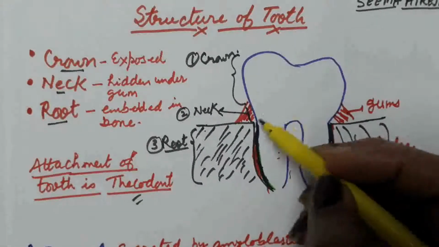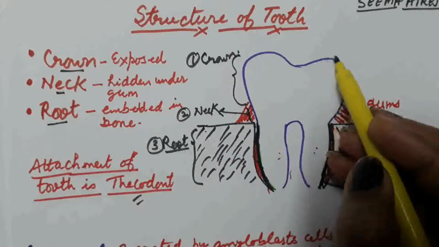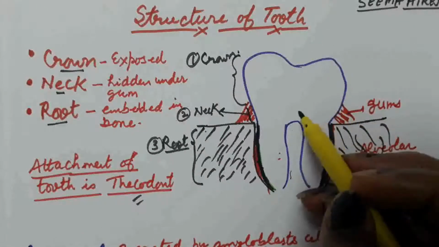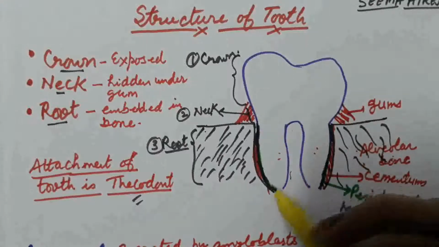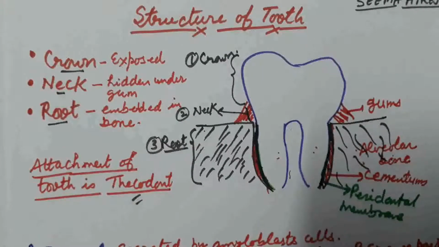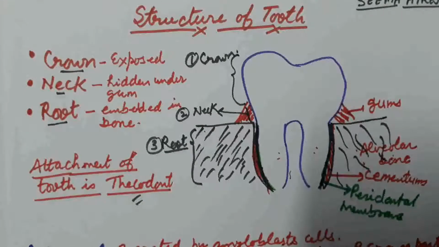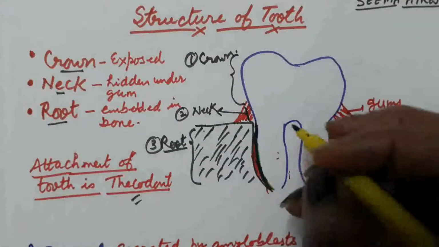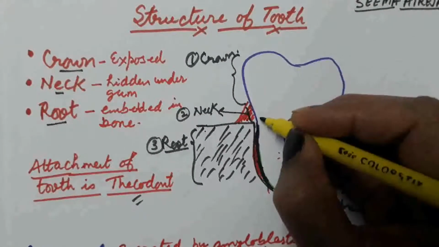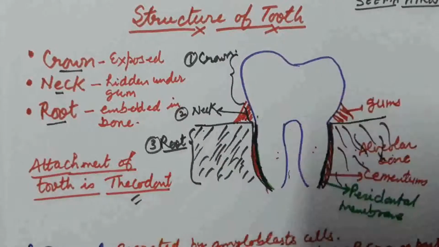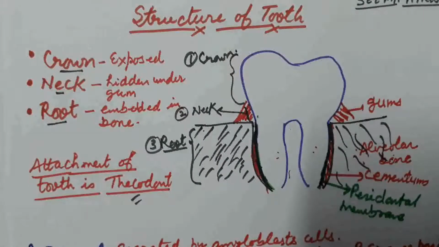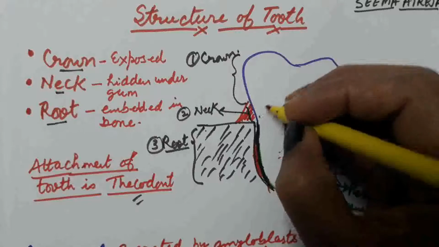Now we talk about the crown region, neck region and root region. A total of three layers are present in the structure of the tooth. The first layer is the enamel layer, which forms the outer layer of this crown.